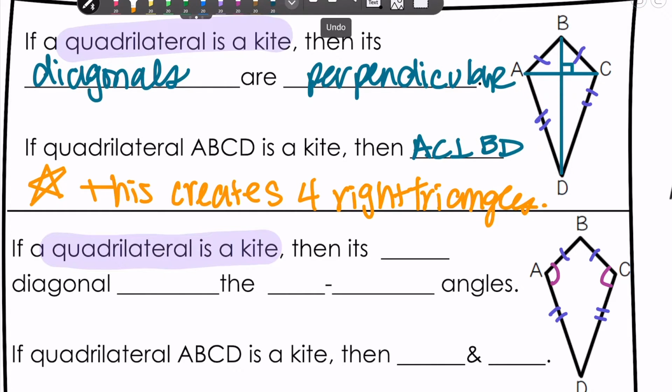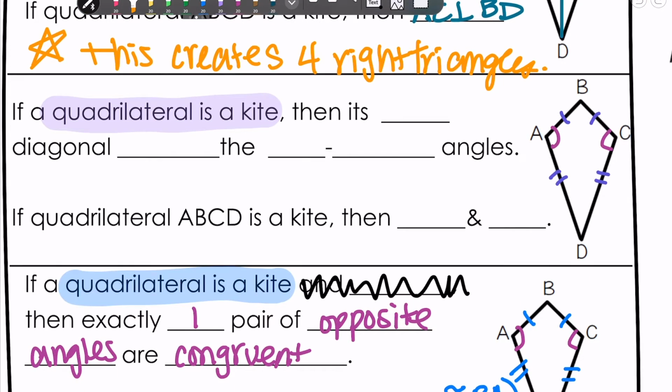And you can use that to help you create this next theorem that says one diagonal then bisects these non-congruent angles.